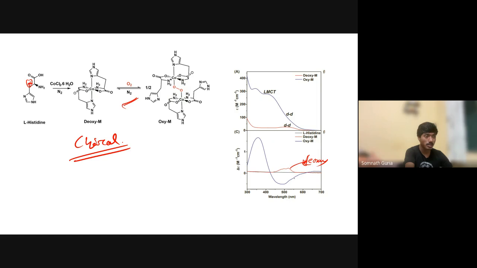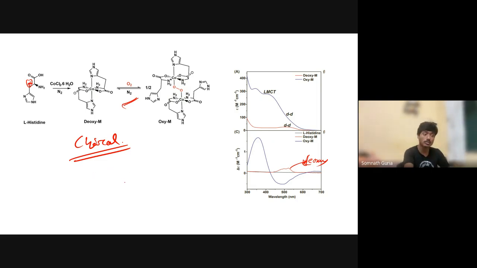And then we have a negative maxima around 485 nanometer region. Again it rises, and a maxima has been found at the 390 nanometer region. So this phenomenon is monitored by UV-Vis as well as CD spectroscopically.